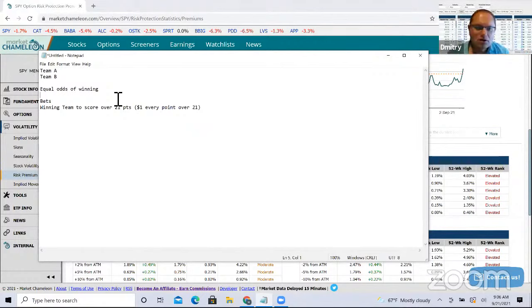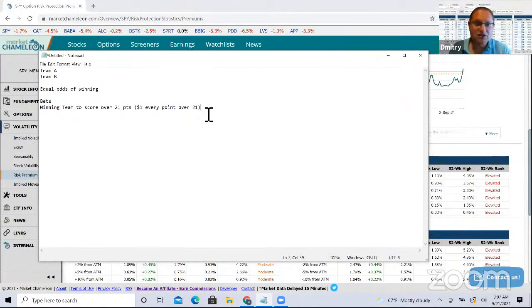But let's say you do a different type of bet, and here's how I'm setting it up. It's kind of like when we talk about skew, because we're looking at wings. Let's say the wager is that you have to pick the winning team, but the team that wins has to score above 21 points. And for every point that they score above 21, you get $1, right?